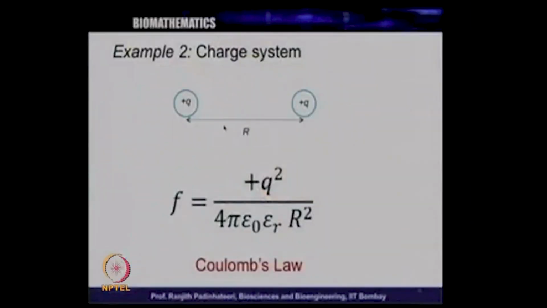Our capital R here is the distance between these two charges, and this is the force, the famous Coulomb's law. Now, knowing this, how do we calculate the energy of this charge system? The energy of this charge system can be calculated the same way, by integrating the equation as you see here.